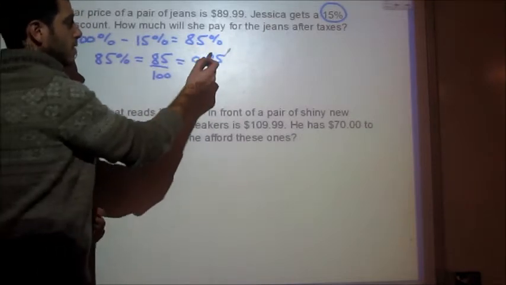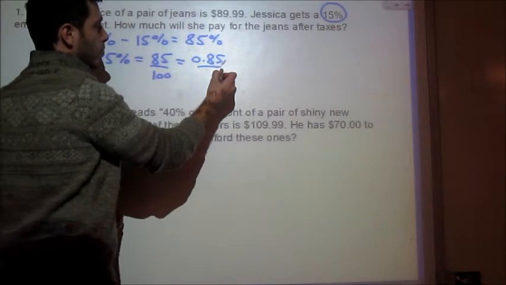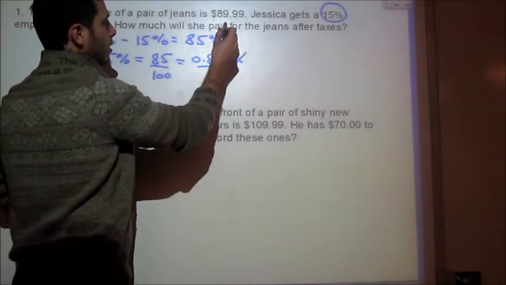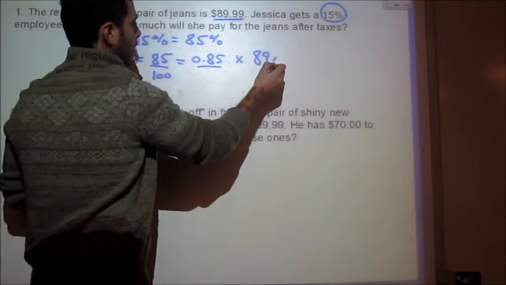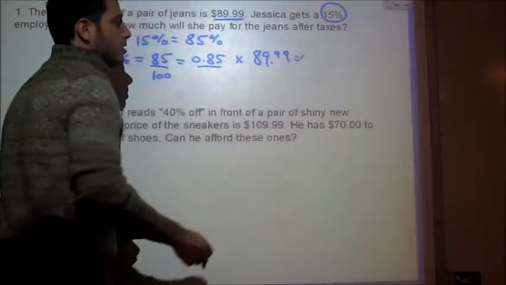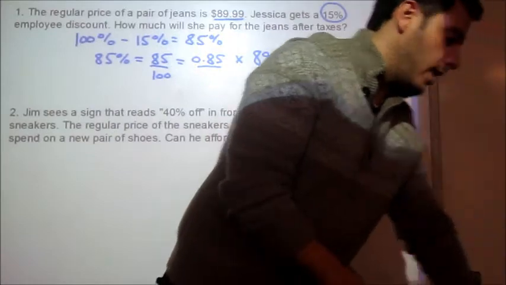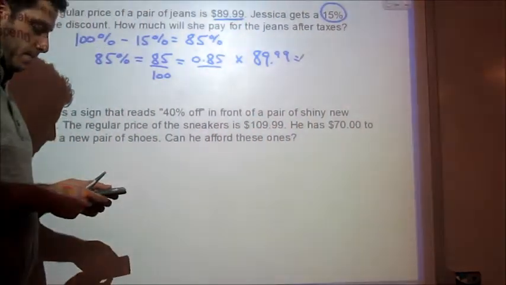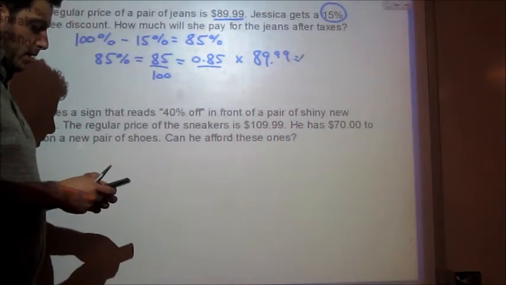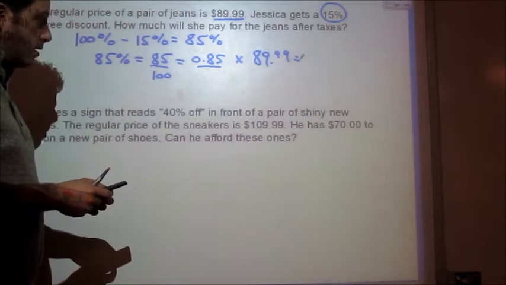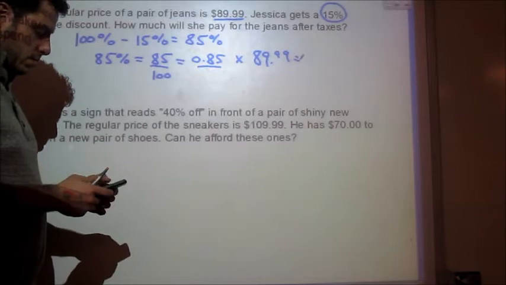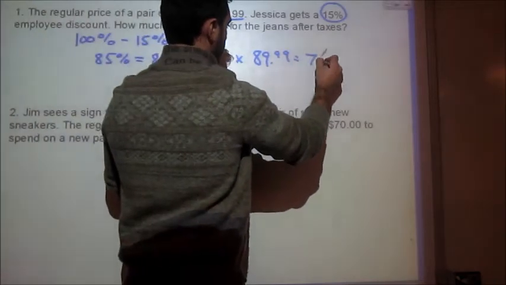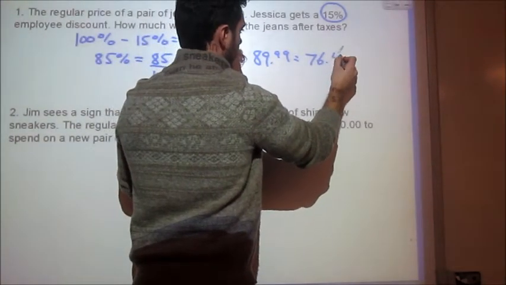Now we can take this value and multiply that by the original price, $89.99, to find out what 85% of that would be. And that would be $76.49.